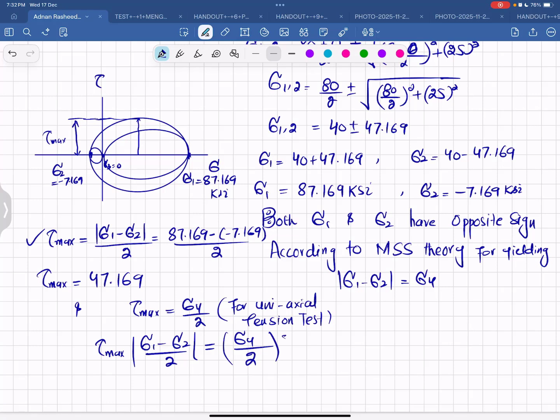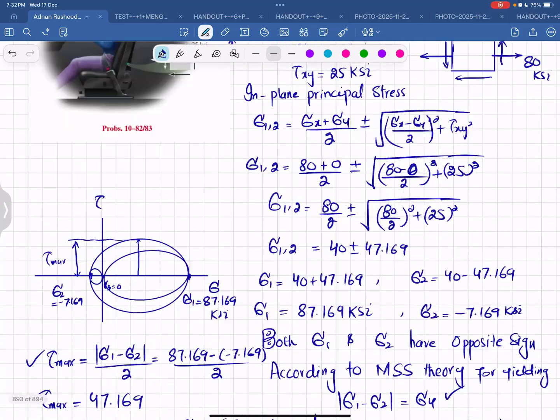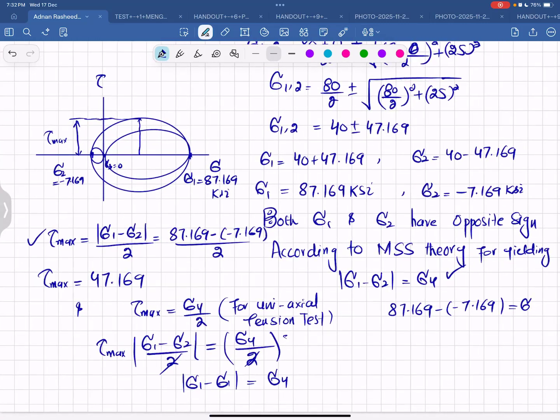So the 2 will cancel, and we will have sigma 1 minus sigma 2 equal to sigma yield, which is written over here. Now sigma 1 is 87.169 minus minus 7.169 is equal to sigma yield, which we are going to find.